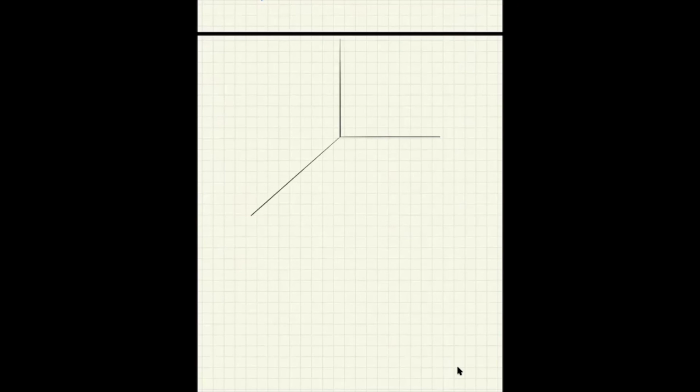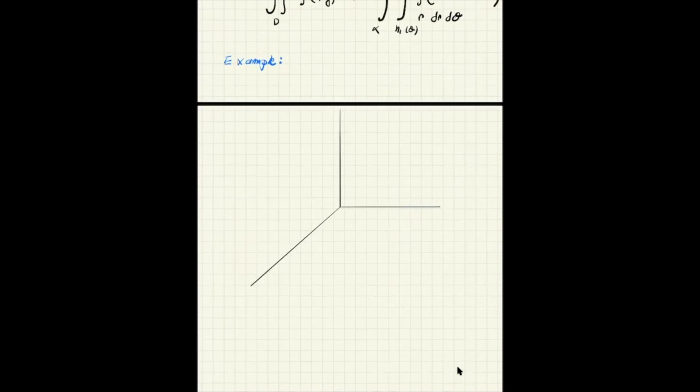Suppose I have a sphere, x squared plus y squared equal to 1, and the cone z equal to square root of x squared plus y squared.